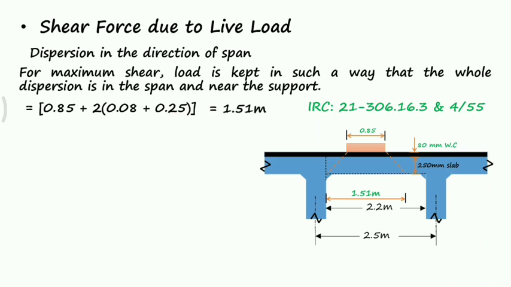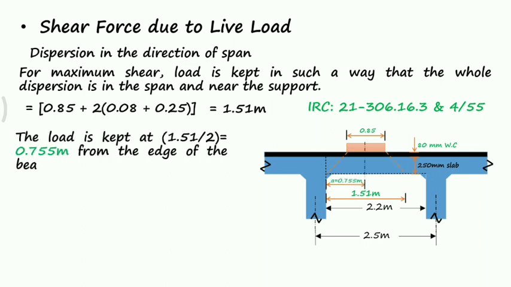So we'll get 1.51 meter. The load is kept at 1.51 by 2, that is 0.755 meter from the edge of the beam as shown. This is the position of wheel loads for maximum shear.